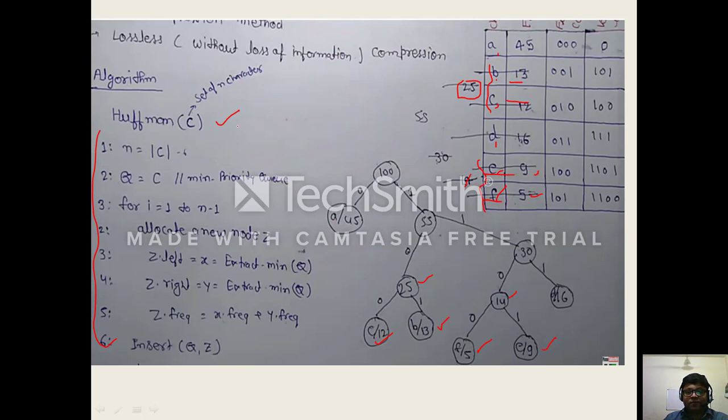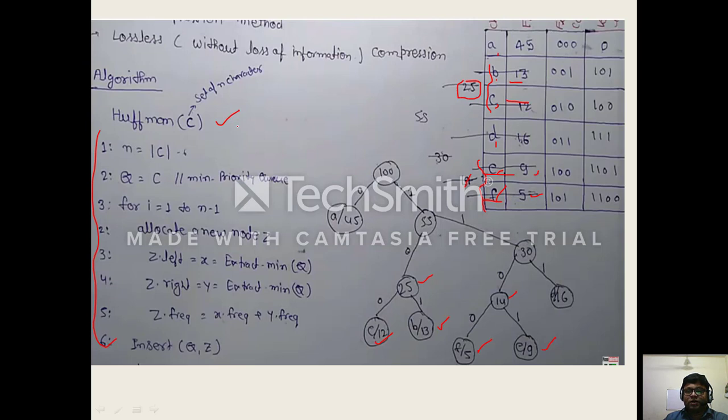Now we have the frequency values 14, 25, 16 and 45. The smallest of these, out of 45, 25, 16 and 14, are 14 and 16.